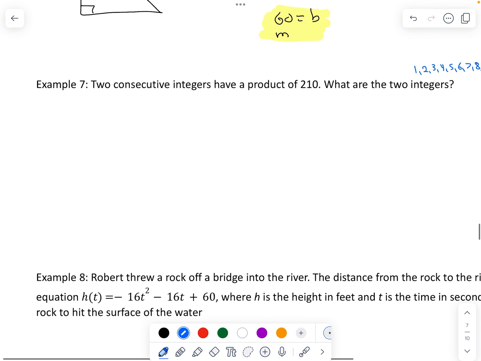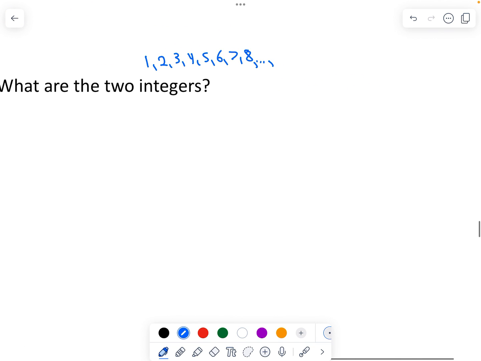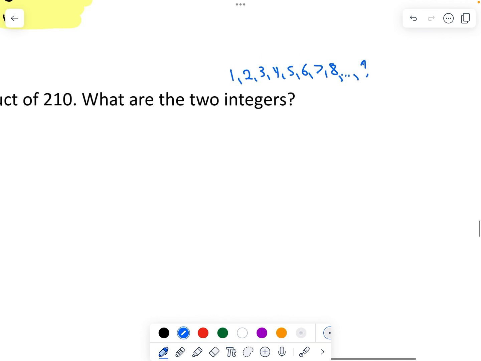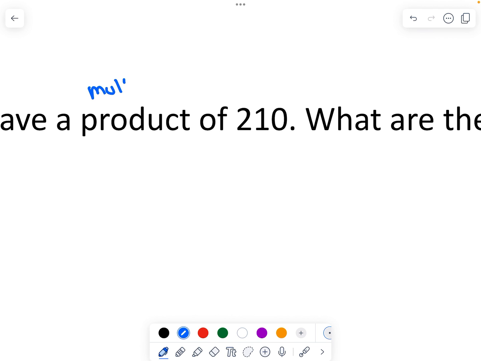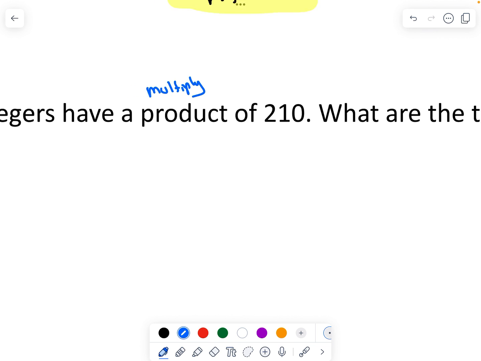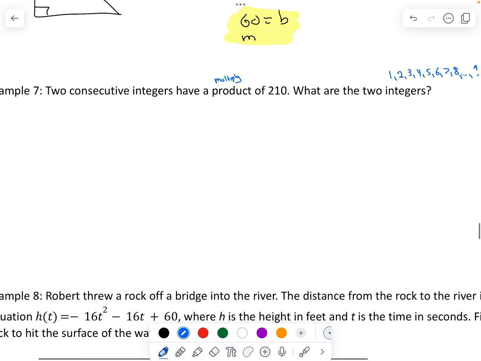2 consecutive integers have a product of 210. Okay, so we don't even know how far we're going, but we know that the 2 integers have a product, and remember, product means multiply, of 210. So what's a way that I could express 2 consecutive integers?